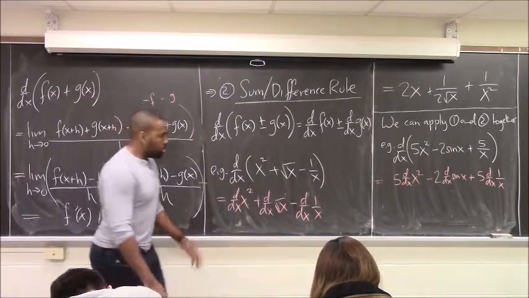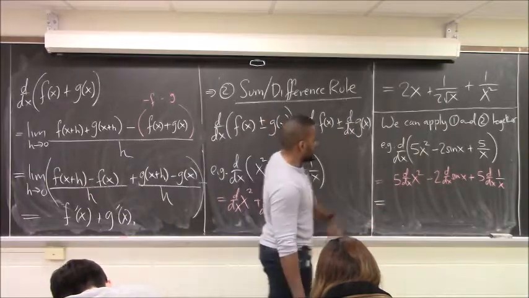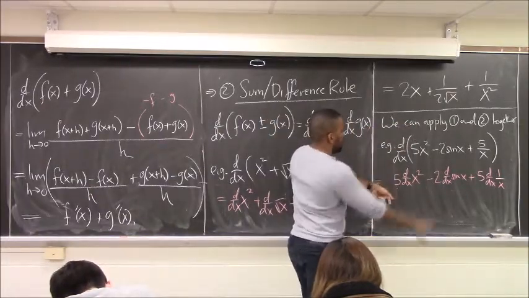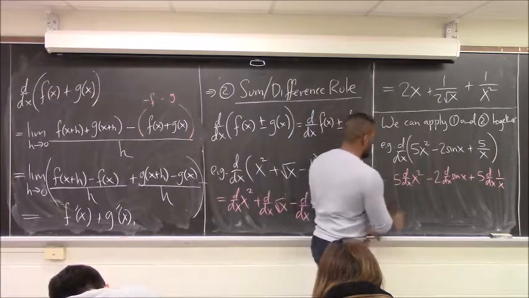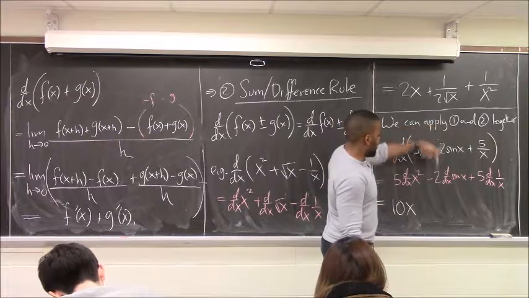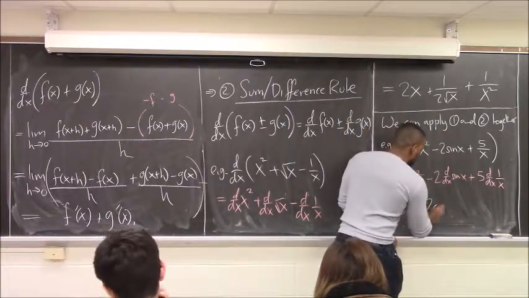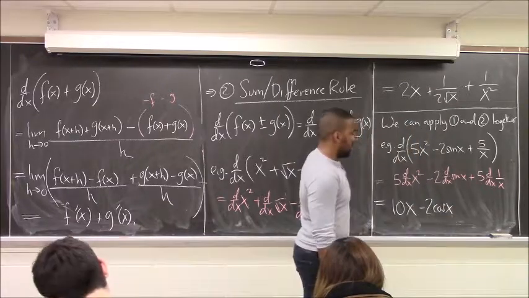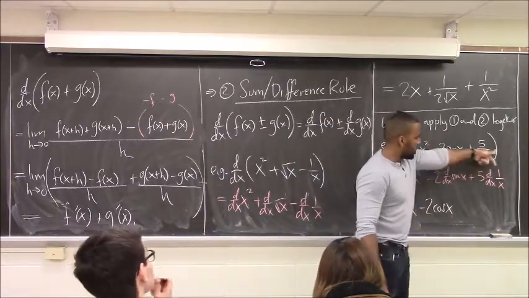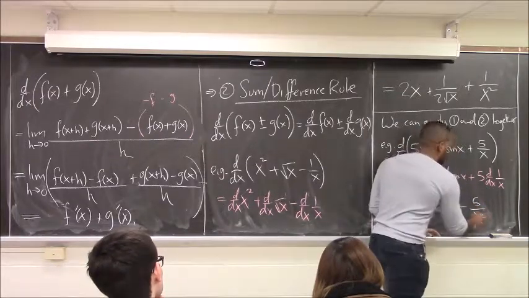Again, you don't have to write it, but I just wanted to show how it is being applied. But you can just leave the 5 alone, differentiate the x squared, that will give you 2x, ultimately you get 10x here. Leave the minus 2 alone, differentiate the sine function, gives you a cosine, you get minus 2 cosine x. Leave the 5 alone, differentiate the 1 over x, get minus 5 over x squared.